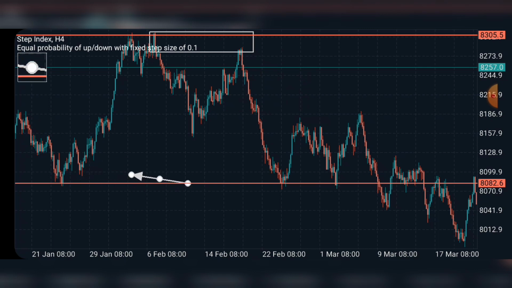So it respected this demand area, specifically right here. But then it came back and respected this zone and then pushed down, forming a new range right here. So this range was basically covered, right? This range has been covered once price came back to respect this zone, tap into this zone.